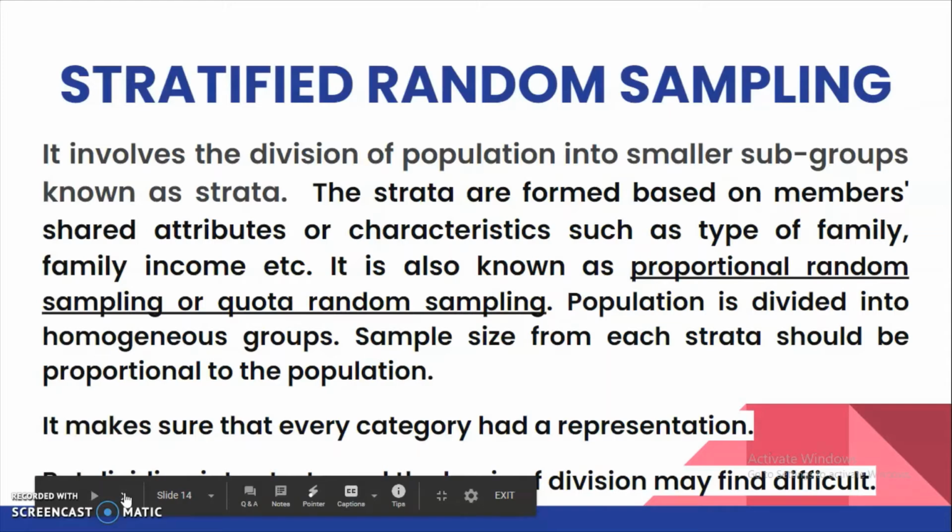But here the problem is that the whole population needs to be divided into smaller subgroups, and the basis on which they are stratified needs to be taken care of. The researcher decides the basis. In the case I have told you, the researcher finds that the native state of every student is important.